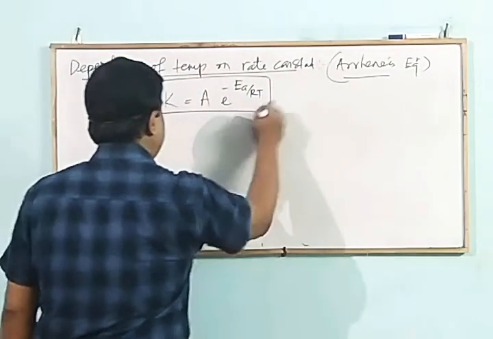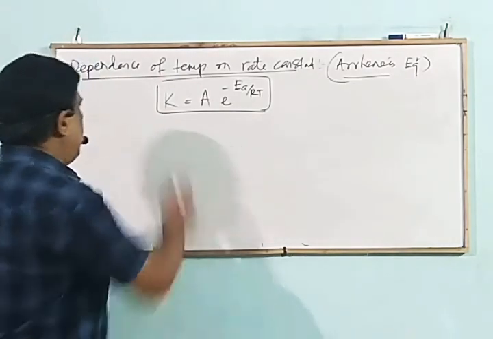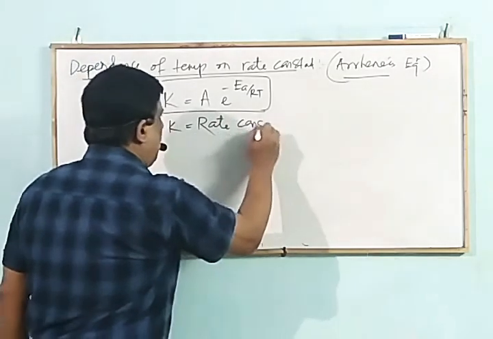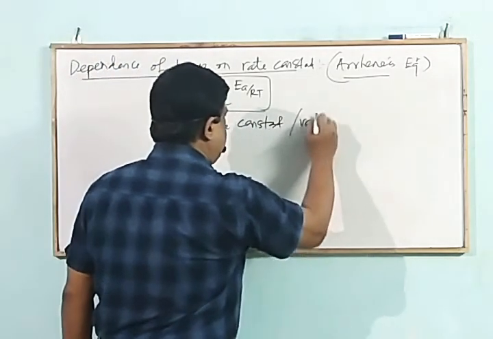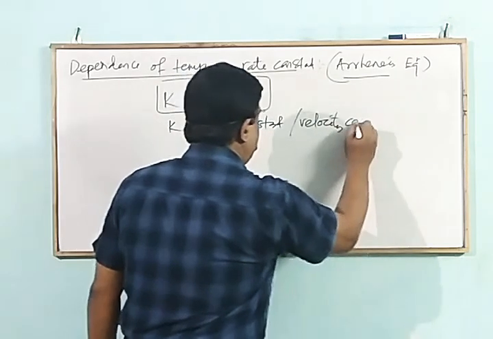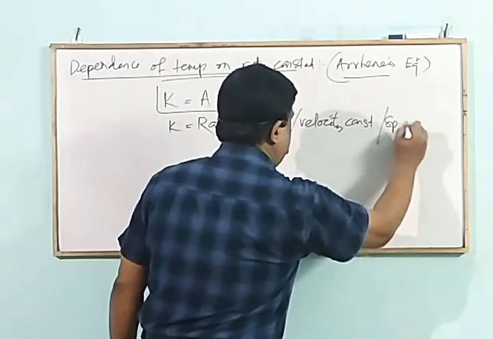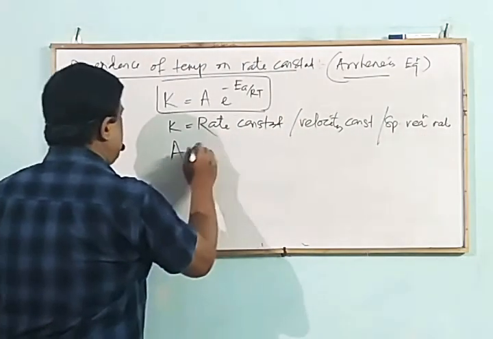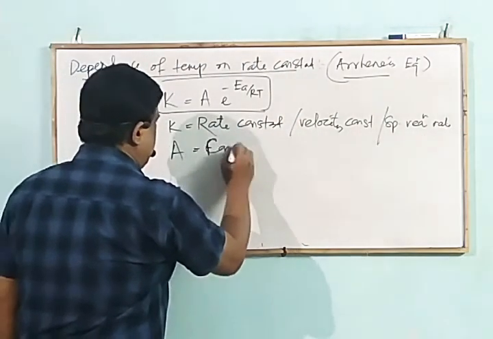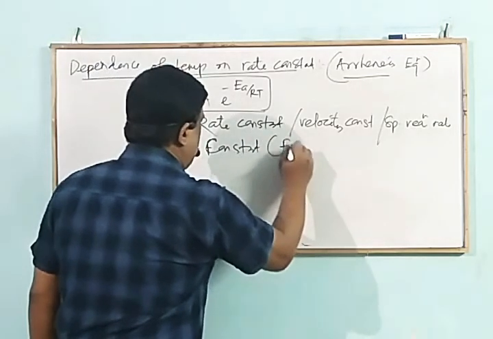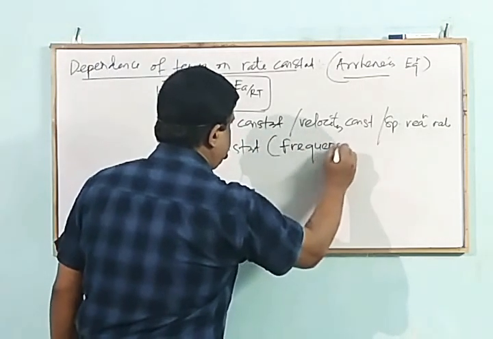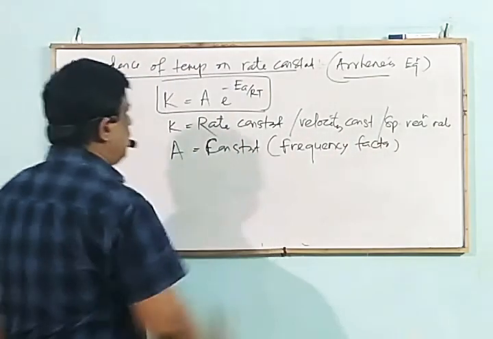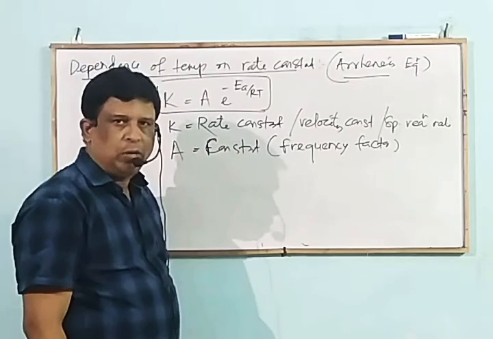This equation is known as the Arrhenius equation, where k is known as rate constant or velocity constant or specific reaction rate. A is a constant known as the frequency factor. e is known as the exponential term.